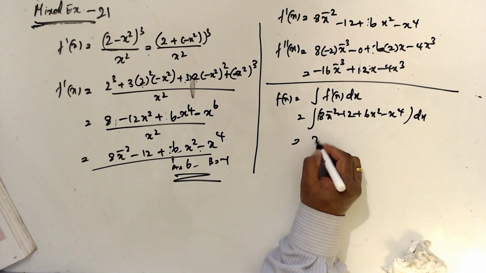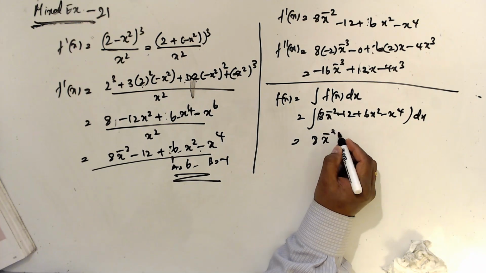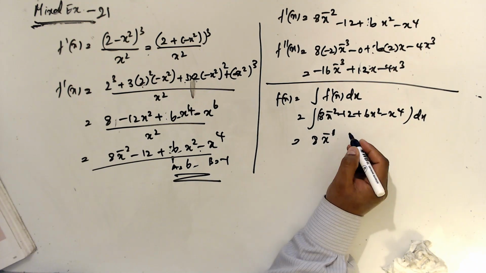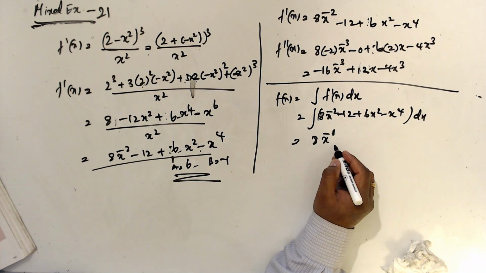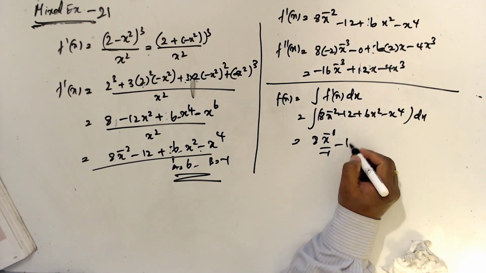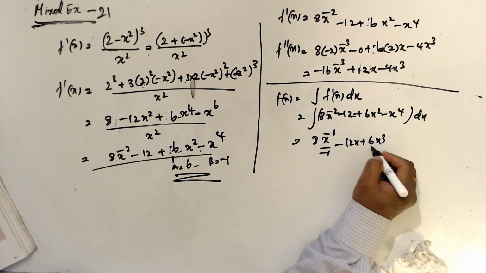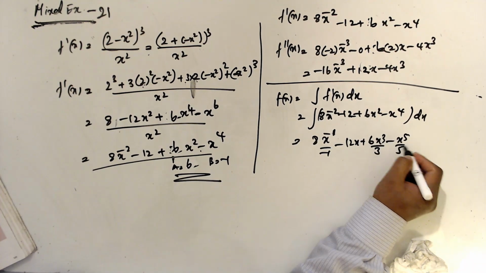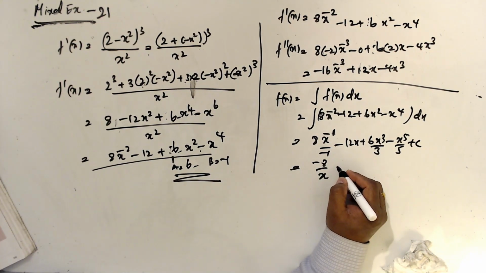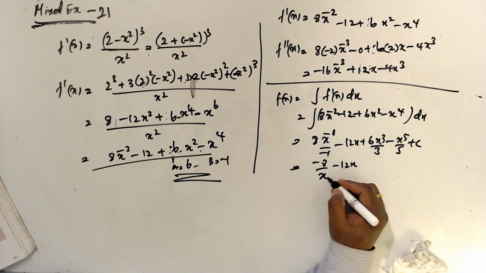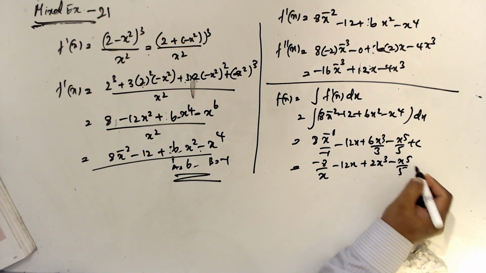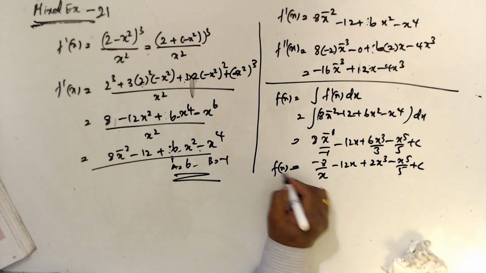Then this is going to be 8x to the minus 1 over minus 1, minus 12x plus 6x cubed over 3, x to the 5 over 5, plus c. So this is going to be minus 8 over x minus 12x plus 2x cubed minus x to the 5 over 5 plus c. So this is f x.